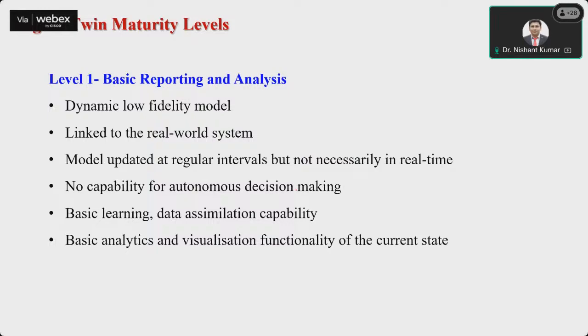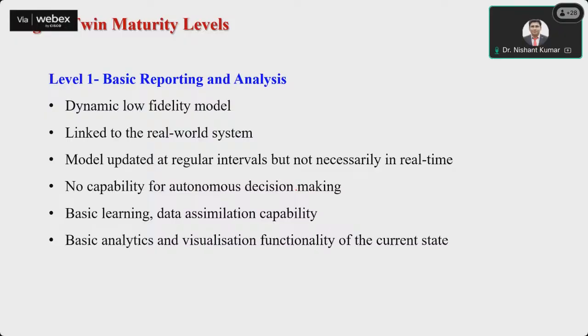but with no capability of automated decision making. It means your system does not have the capability to take a counter action against any fluctuation or disturbance. So in level one, you can visualize that, and if you feel yes, this should change, then you will trigger it, and only then will the action be taken on the physical system.